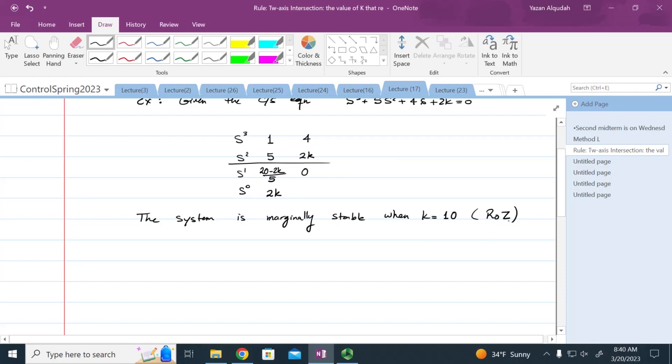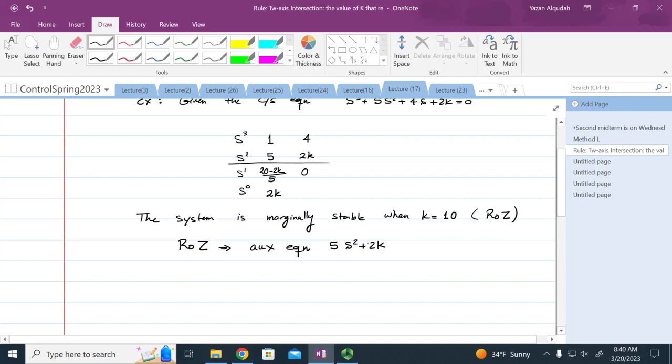When I have a row of zeros, we know we're going to have an auxiliary equation that can be read from the line above it. So the auxiliary equation is going to be 5s squared plus 2 multiplied by k.